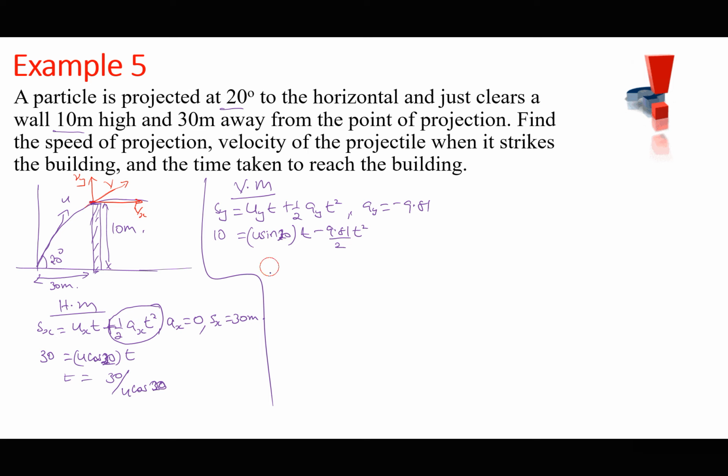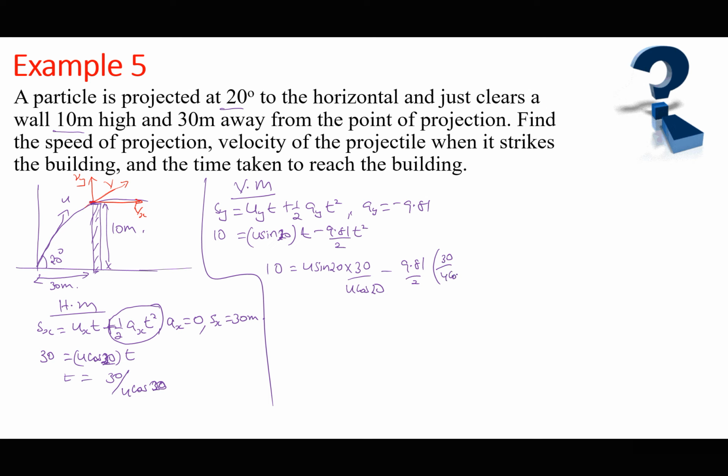So I'm going to substitute. I'll get 10 equals u sine of 20 times 30 divided by u cos of 20, minus 9.81 over 2 into 30 divided by u cos of 20, but this is squared. So the u here cancels out.